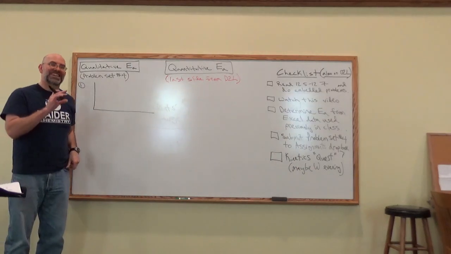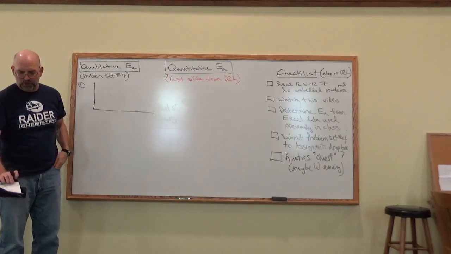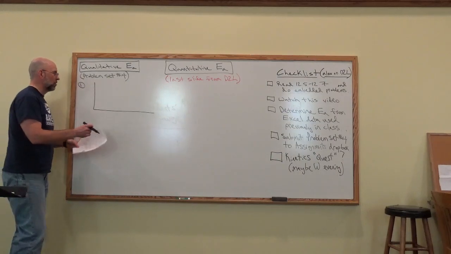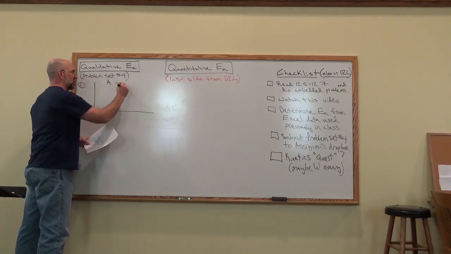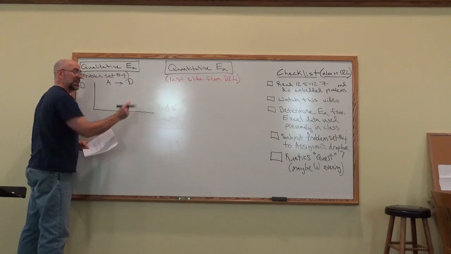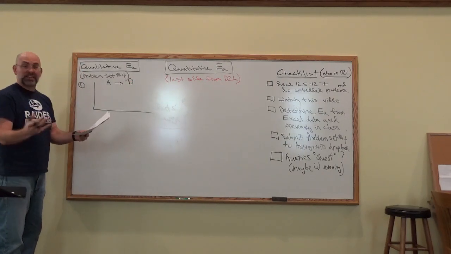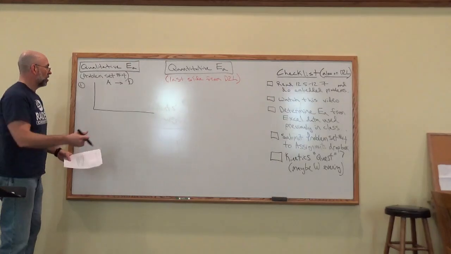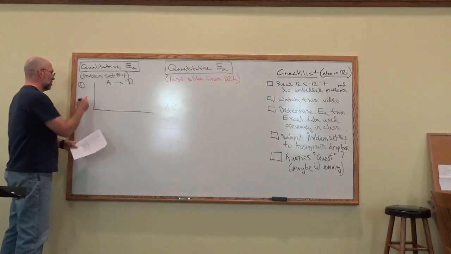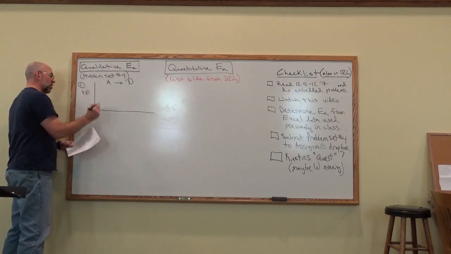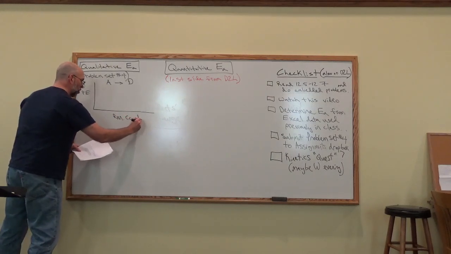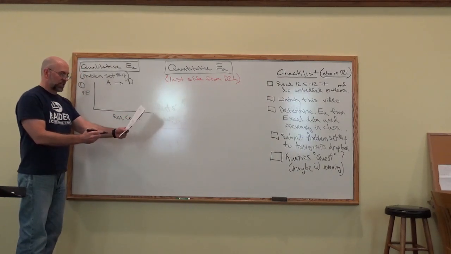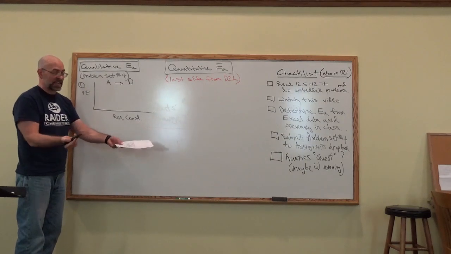This is a generic activation energy profile of chemical A turning into chemical D in 3 steps. So we put potential energy on this side. This is sometimes called the reaction coordinate, and in this particular example it calls it reaction progress. It's the same thing.